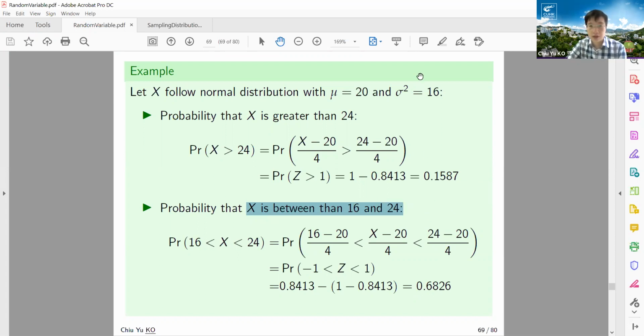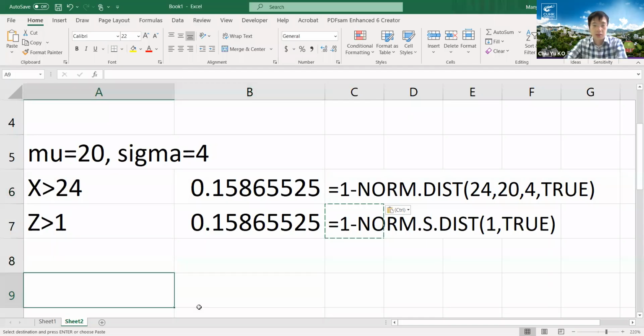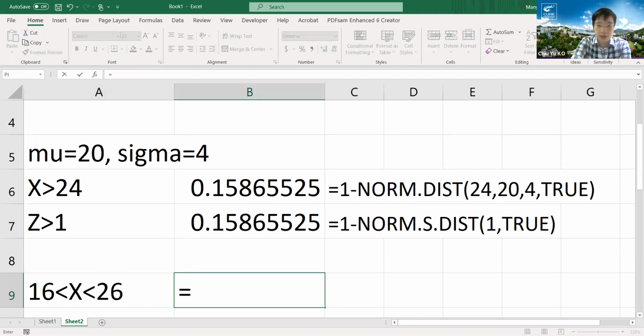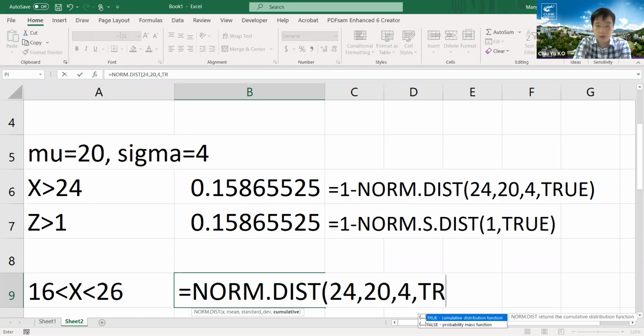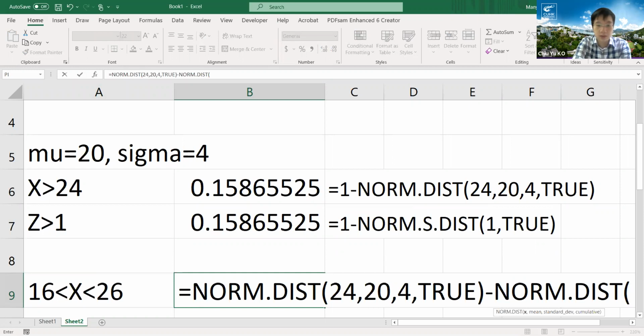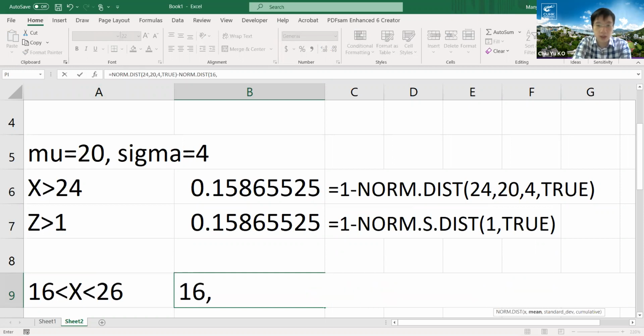So that is how you do it in Excel. You use NORM.DIST of 24, TRUE, minus NORM.DIST of 16, 24, TRUE.